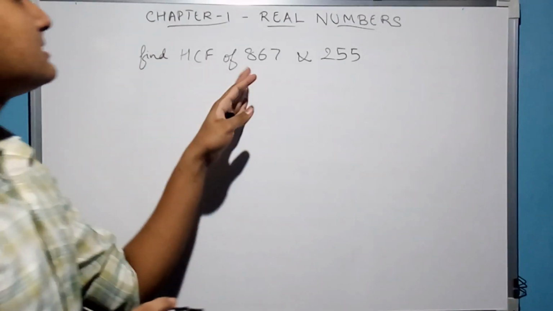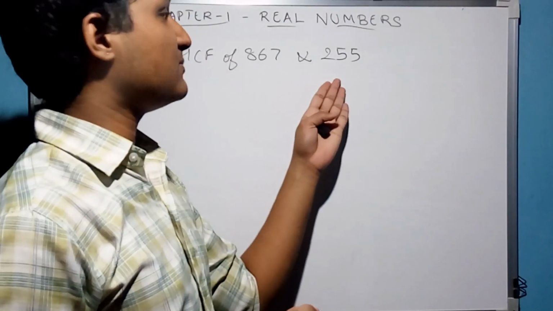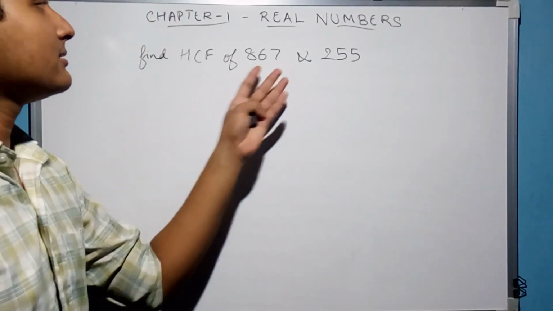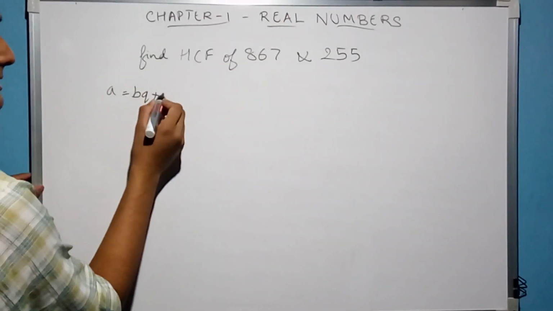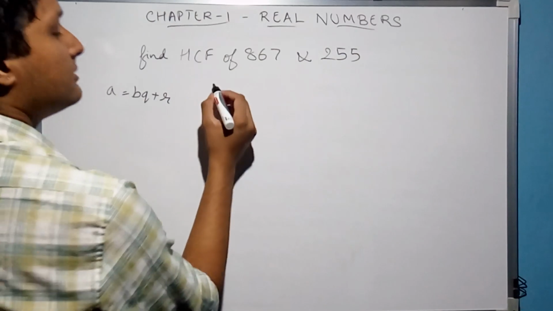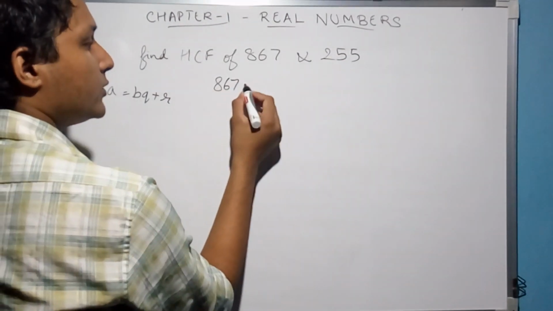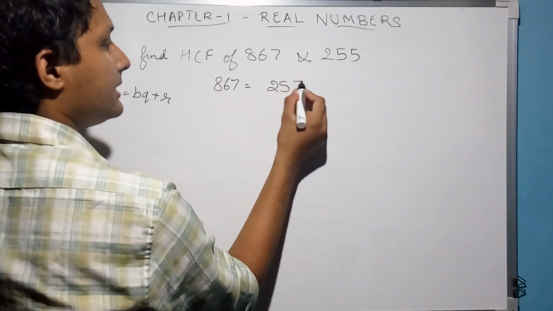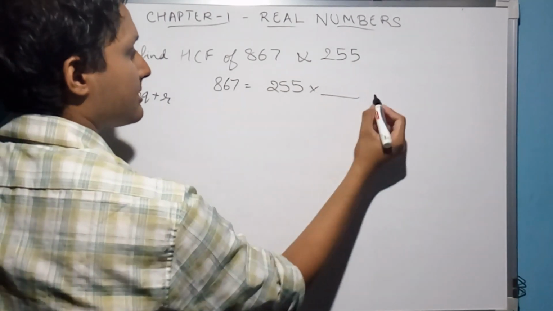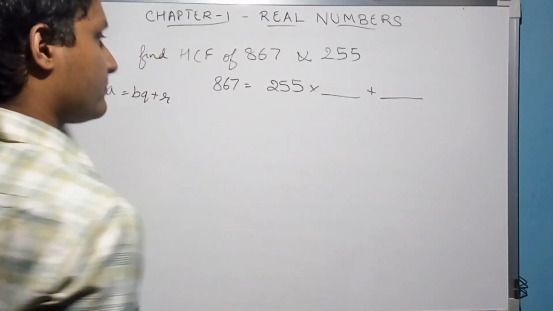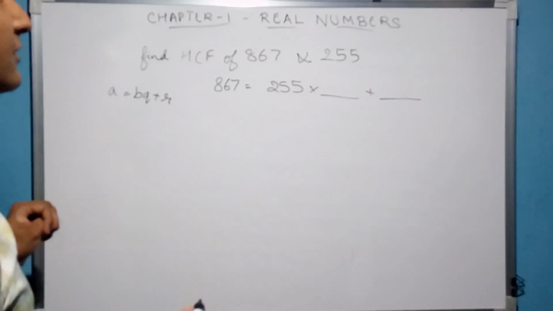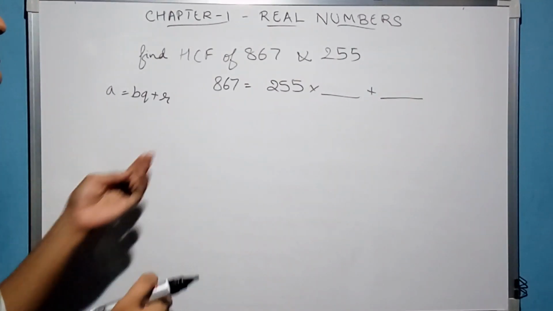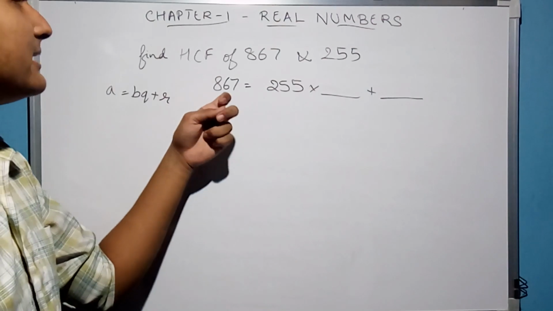Now we have the numbers. This is a and this is b. So you need to write it in the form of a is equal to bq plus r. So 867 is equal to 255 into something plus something. For this I need to divide 867 by 255.